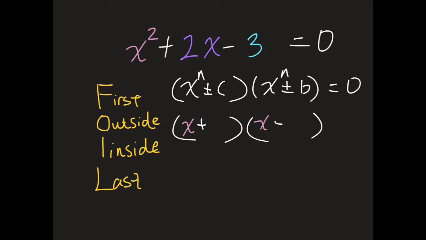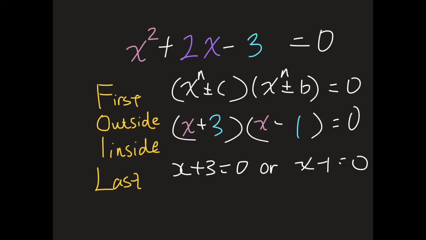It is -1 and 3. Okay, so everything becomes easy here. This whole thing is equal to 0, right? So either x plus 3 is equal to 0, or x minus 1 is equal to 0.